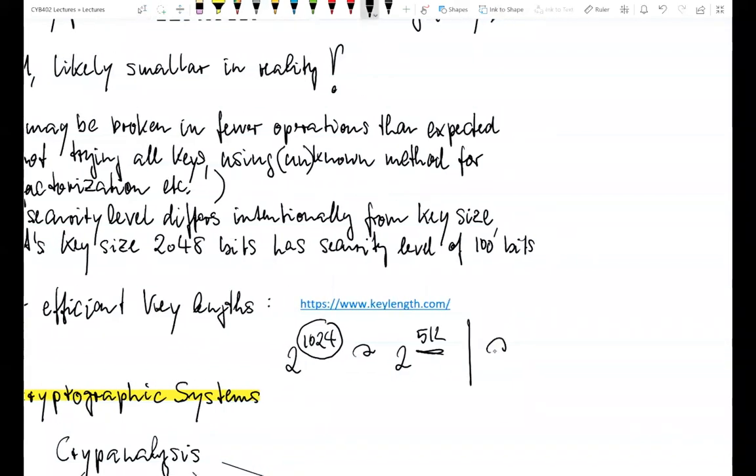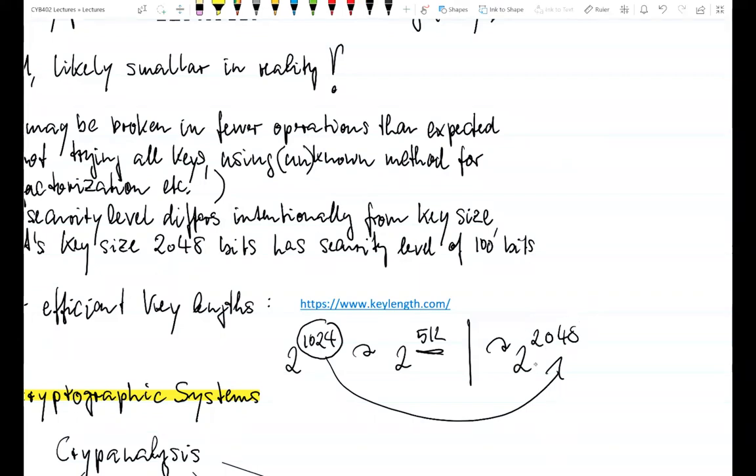In order to achieve a 1024 security level, we need to have a key length which is 2048. So in order to make up for that halving of the key length, we double the key length again, which means that with a key length of 2000 bits, because of the nature of the attack, we essentially have a security level of 1000 bits.